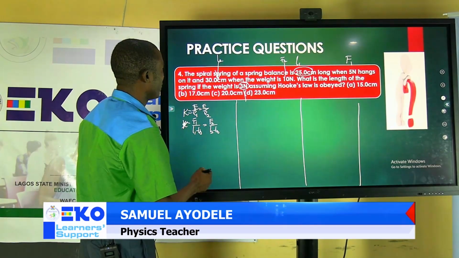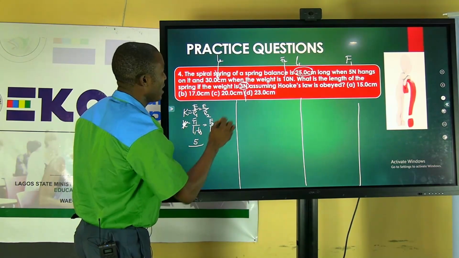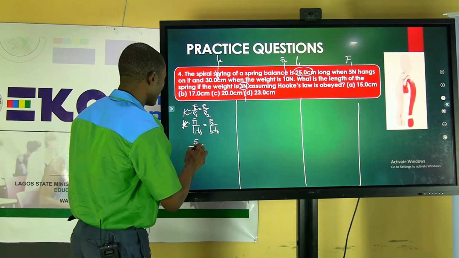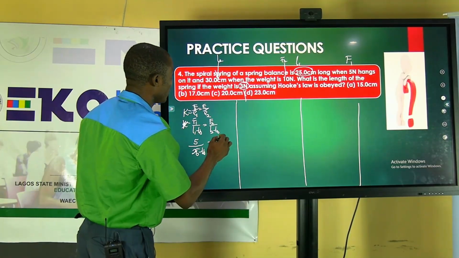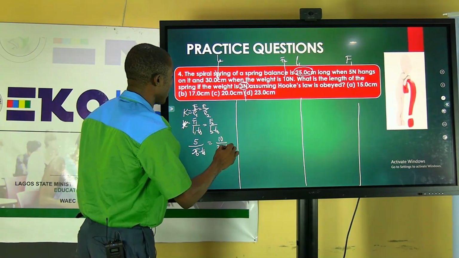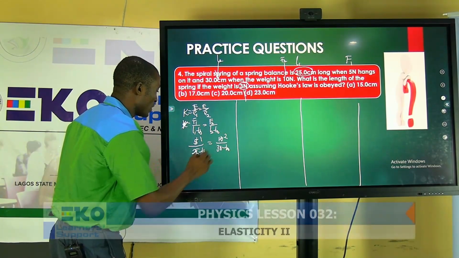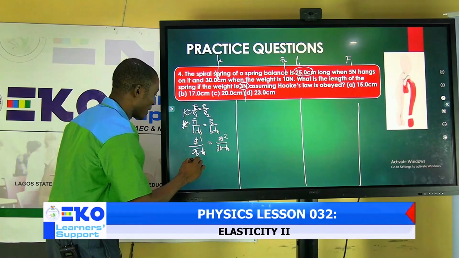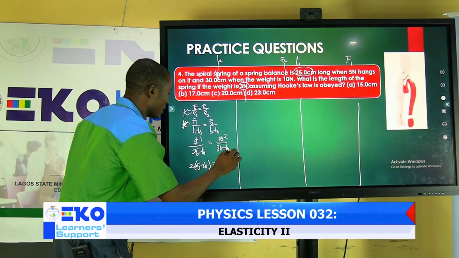What is F1? F1 is 5 over L1, L1 is given as 25 minus L0, which equals F2. F2 is 10 over L2, which is 30 minus L0. So from here, 5 here, 1, 5 here, 2. When you cross multiply, 2 into bracket of 25 minus L0 equals 1 into bracket of 30 minus L0.